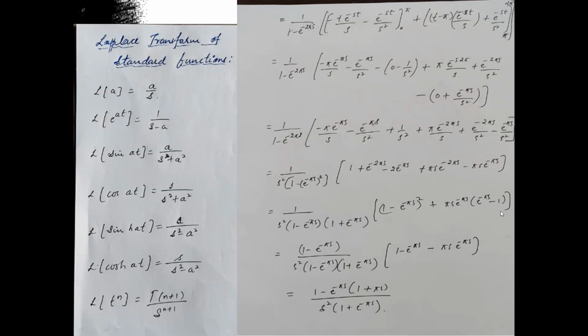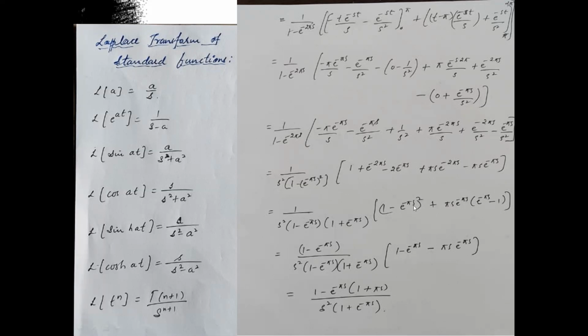Here in these two terms, we can see that 1 minus e raised to minus pi s whole square is there. If we take minus outside from this, then again it is also 1 minus e raised to minus pi s. So we can keep this as a common term outside, 1 minus e raised to minus pi s. Denominator as it is we will keep. Then this one term is outside, we are left with 1 minus e raised to minus pi s.